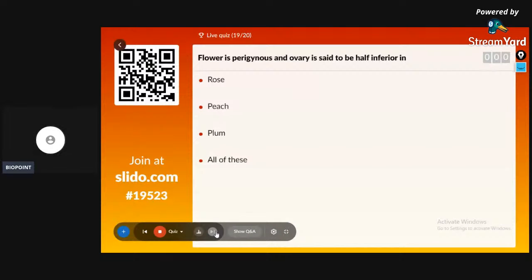Flower is perigynous and ovary is said to be half inferior in rose, China rose, peach, plum, and all of this.